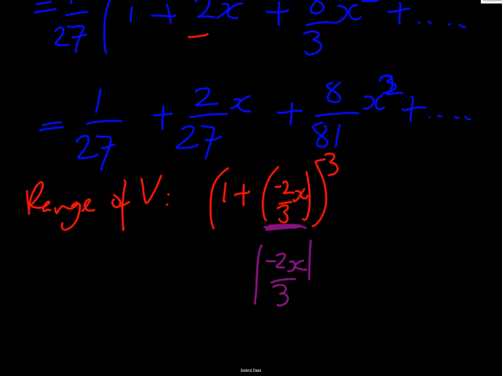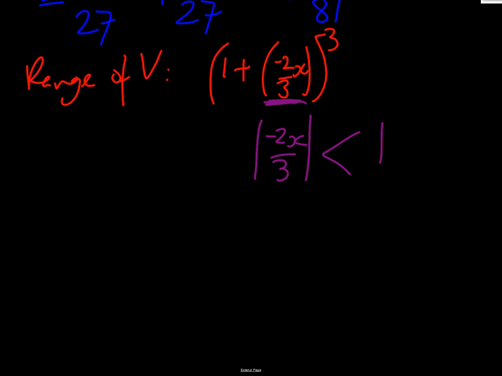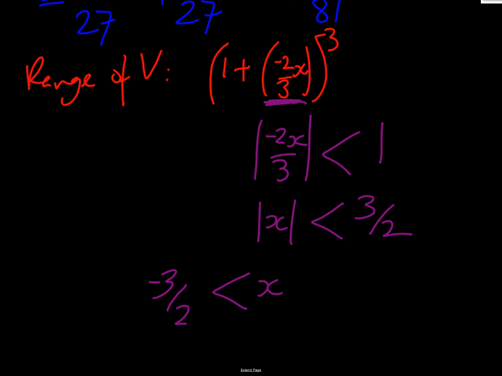The sign doesn't matter here. So multiplying out by 3/2, the modulus of x must be less than 3/2, and therefore in terms of x, x must be greater than minus 3/2 and less than plus 3/2. And that would solve that question.